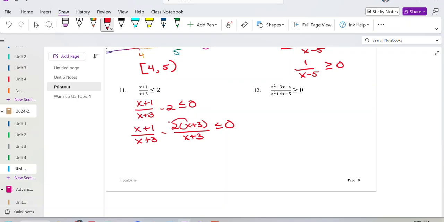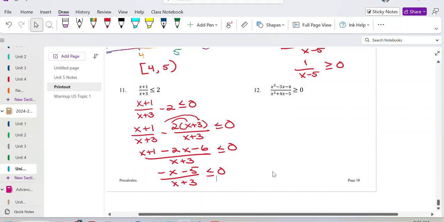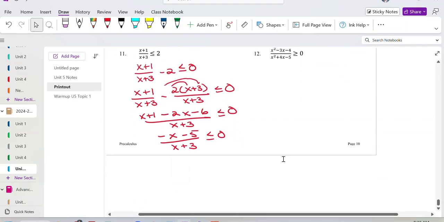So distribute the negative with the 2. So it's x plus 1 minus 2x minus 6 over x plus 3. So there we have it to where it's less than or equal to 0.